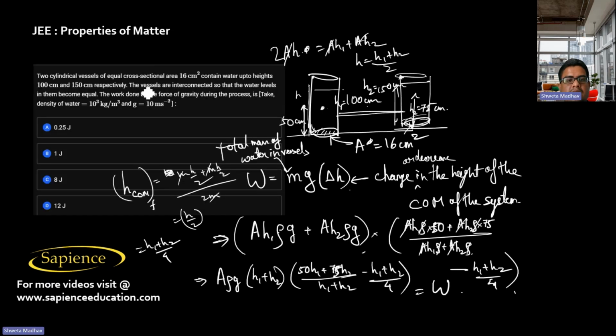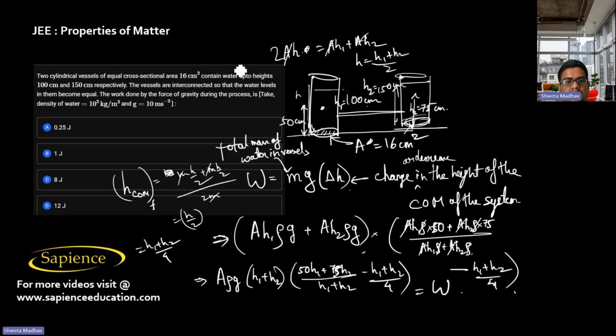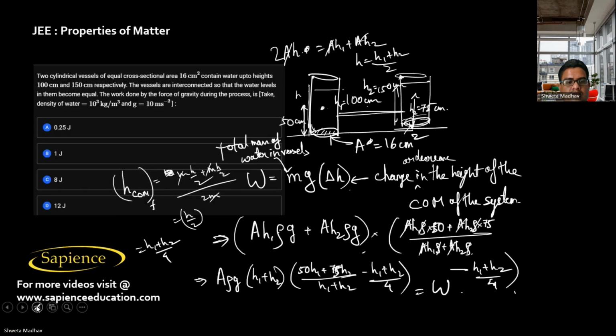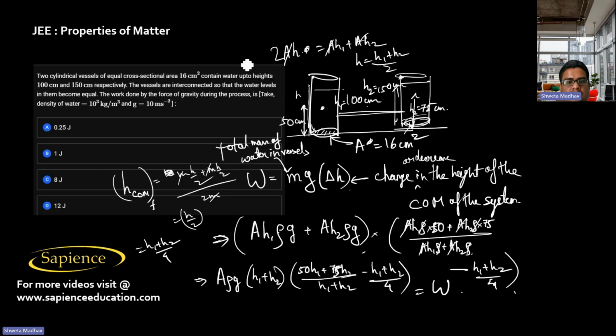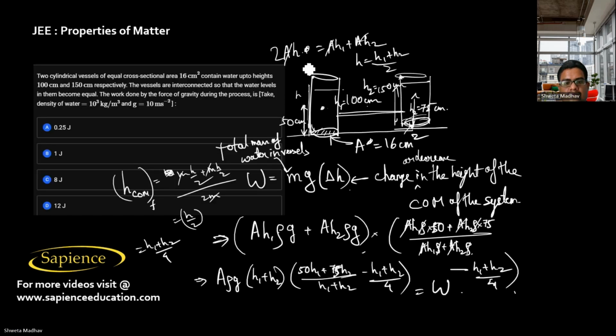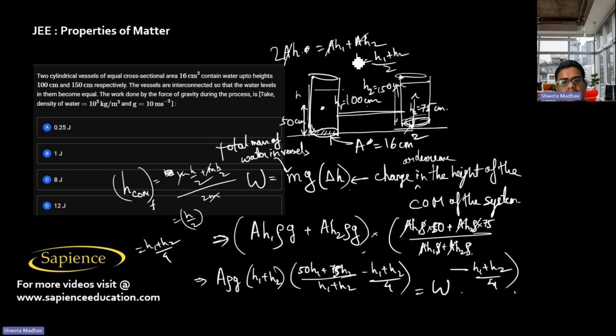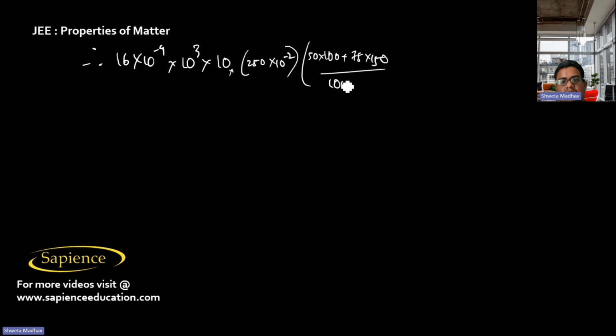Therefore, area is 16 centimeters square, so 16 into 10 power minus 4, into rho, that is 10 power 3 kg per meter cube, into g, that is 10, into H1 plus H2, that is 250 centimeters, so 250 into 10 power minus 2, into 50 H1, that is 50 into 100, plus 75 into 150, divided by 100 plus 150.